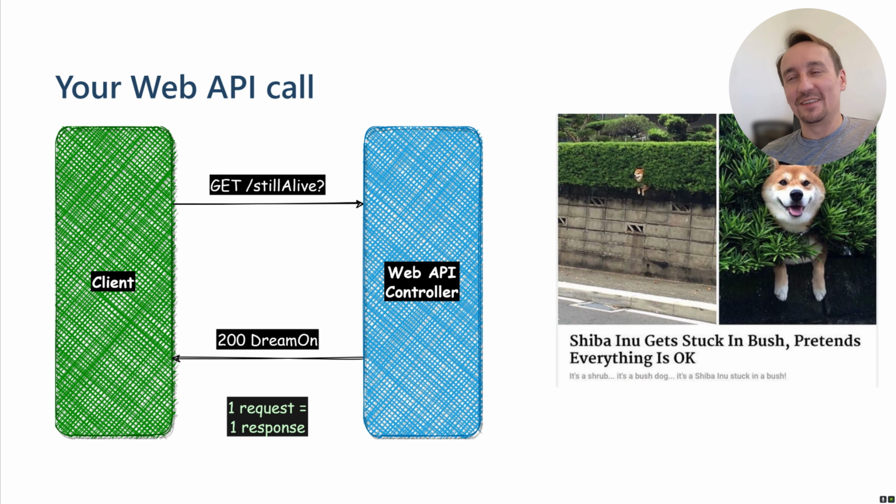So a bit of history. A little bit more than 1 year ago, Fusion was relying on HTTP. And HTTP works like this, right?